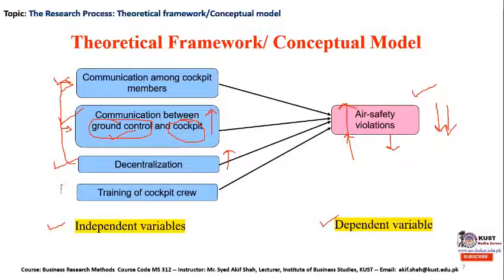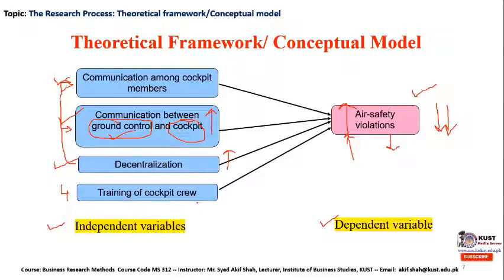The fourth factor which the researcher has highlighted in this case is the training of the cockpit crew. If the members of the cockpit crew have been trained well enough to handle different hazardous situations, it will lead towards fewer air safety violations.